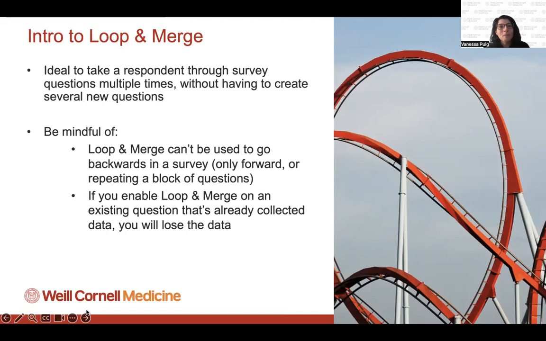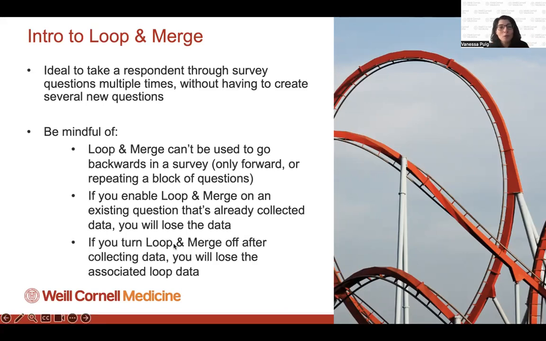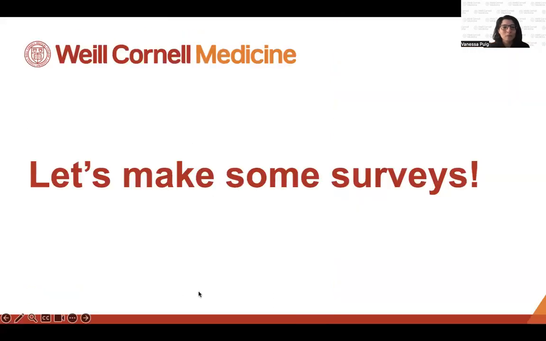Try to plan for it before you add it to your survey. Same thing if you turn off loop and merge in the middle of a survey that's collecting data, all the data that is part of the loop will actually be deleted. So again, be really careful. Try to set it up first before you throw your survey out in the wild and let people actually take it. Test it, make sure it works, and it should be good to go.